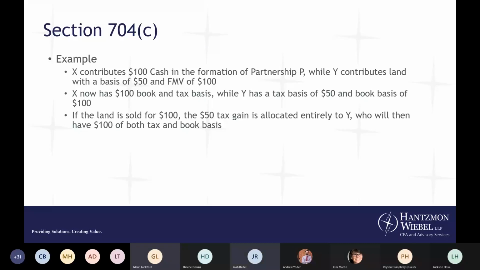Oh, sorry, yes, it would be Y. I'm getting my X's and Y's mixed up. It would be allocated to the partner who contributed the piece of property, which in this case is Y. Okay, thanks. And there are possible corrective measures that you can take to realign tax basis to where you would want it to be, and we'll look at that in a moment.